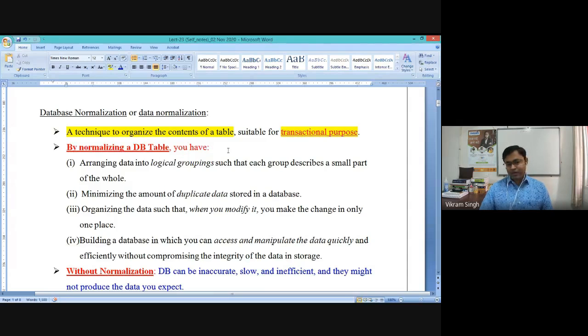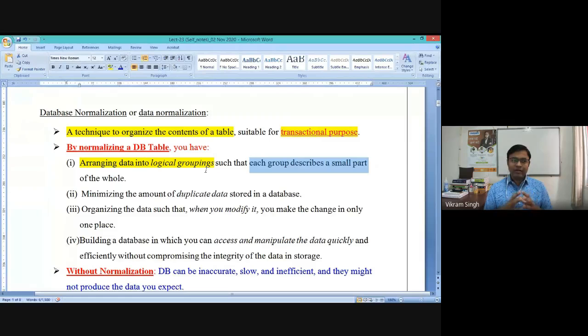After that, what are the different advantages or benefits we will get after performing this normalization? Initially you will be given a database table, and during normalization we will be arranging data, maybe attributes, into logical groupings. So we are splitting the basic relation, the basic database table, and placing each set of attributes into different tables.